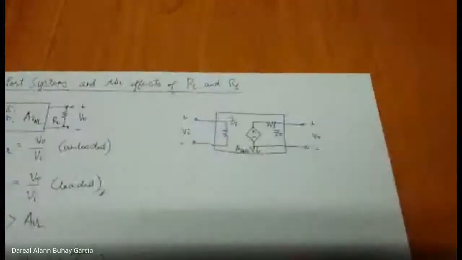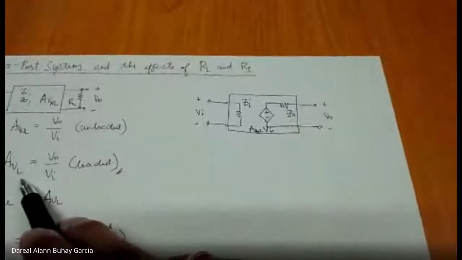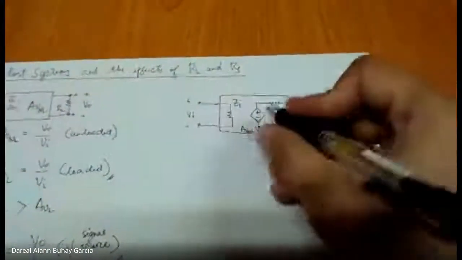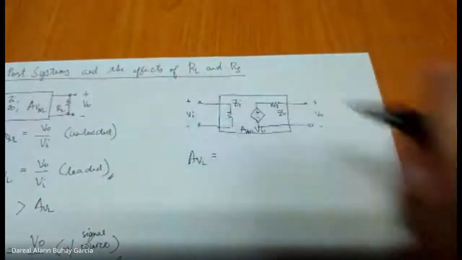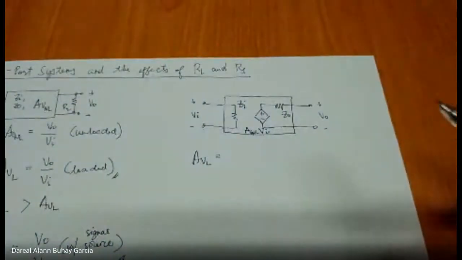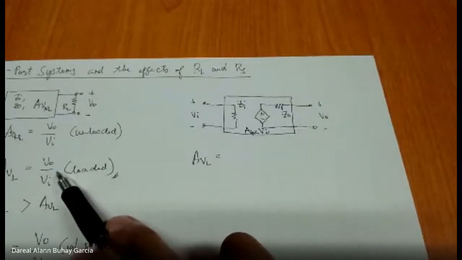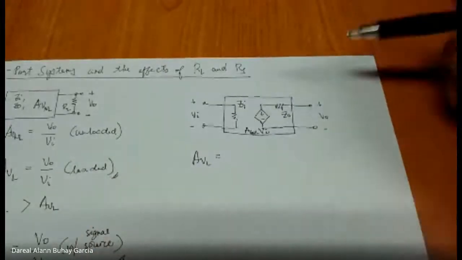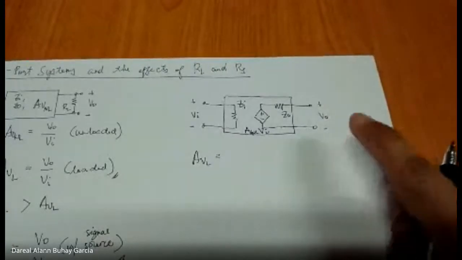So, very easy. How will we then obtain AVL, or the loaded voltage gain? The loaded voltage gain is again VO over VI, but is the VO different from before?